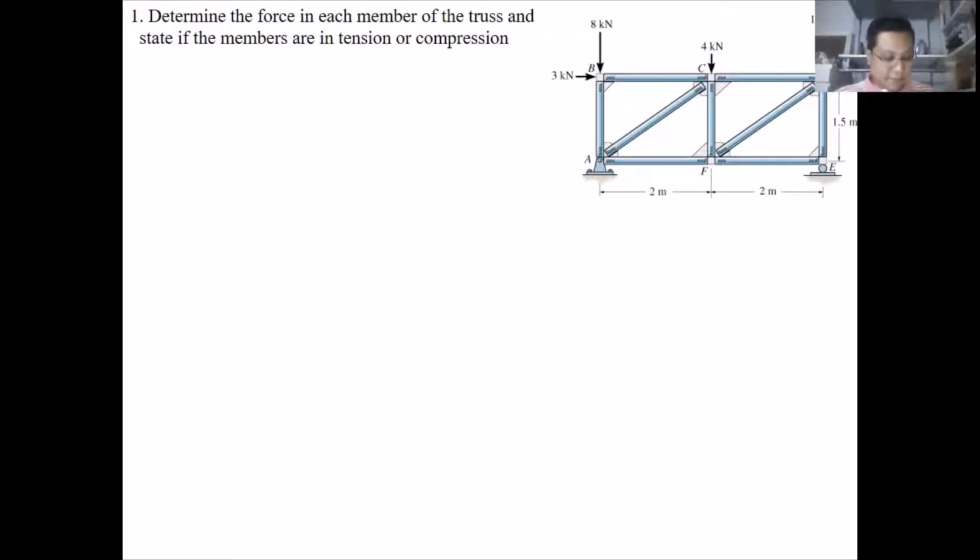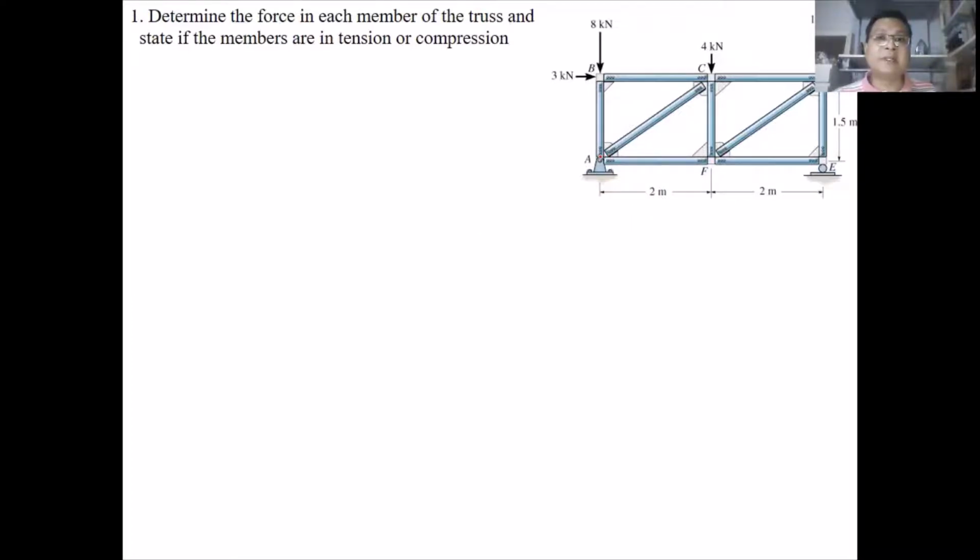Okay, please check first the figure with the many forces here. We can see the truss has a certain number of joints, from joint A until E. And in certain joints there are connecting truss members.